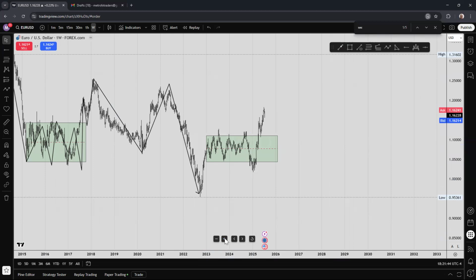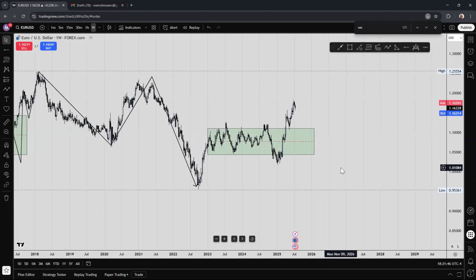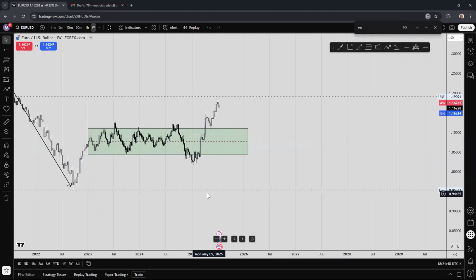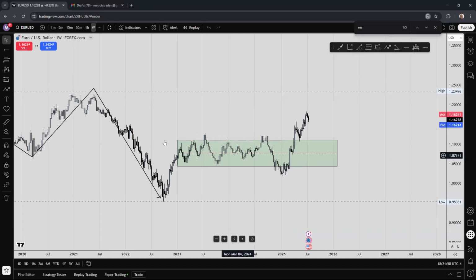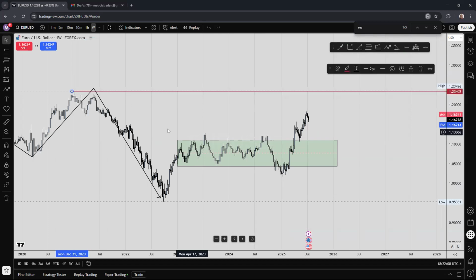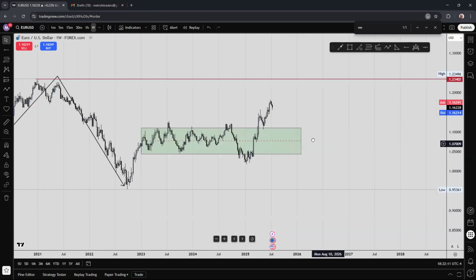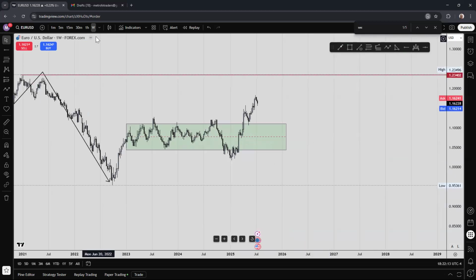So I'd be looking to place a sell order because again, it didn't breach or give us a change of character over here. If it goes beyond this line and bounces off the line, then you have an uptrend. But it didn't breach this area here. Okay, so that's the weekly, right?